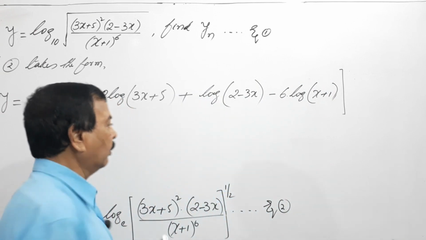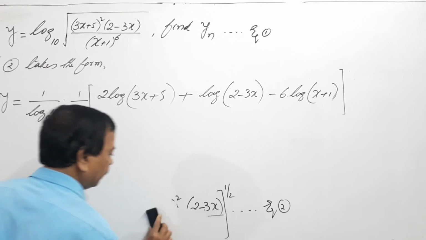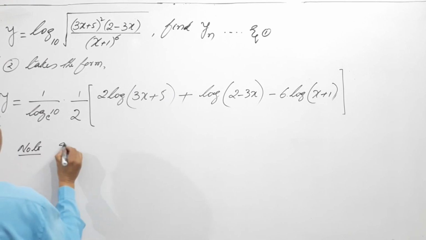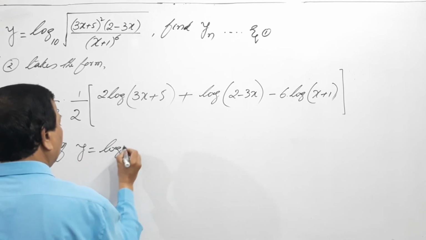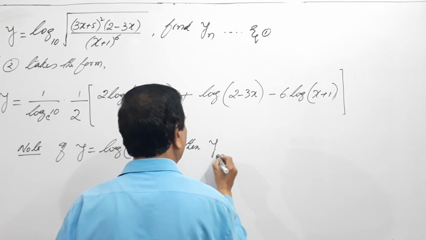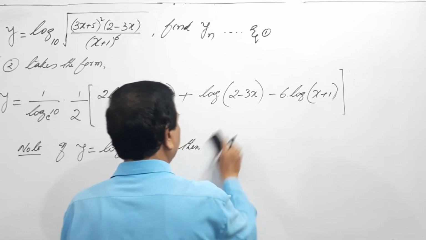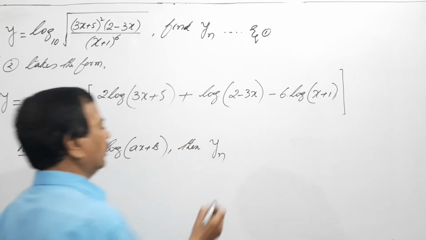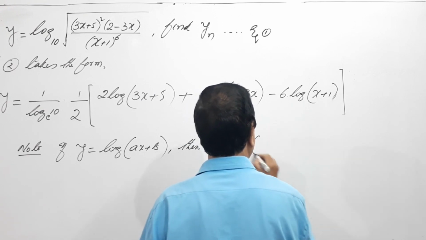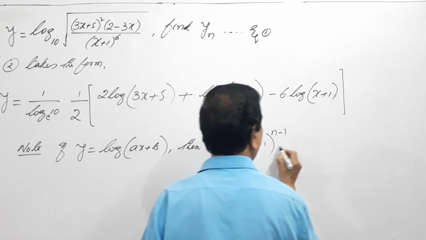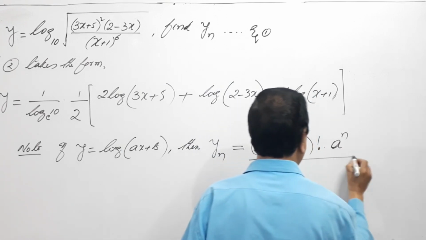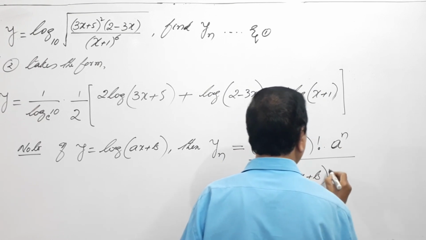So now note, I will rub this, this is of no use. Note, if y equals log of ax plus b, then the nth derivative of log of ax plus b equals minus 1 to the power of n minus 1 into n minus 1 factorial into a to the power of n divided by ax plus b to the power of n.